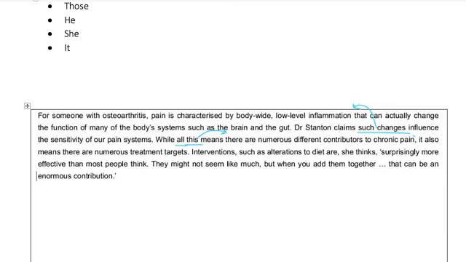We've got so many examples of referencing. They. What does they mean? They might not seem like much. Interventions such as alterations to diet are, she thinks, surprisingly more effective than most people think. They might not seem like much.